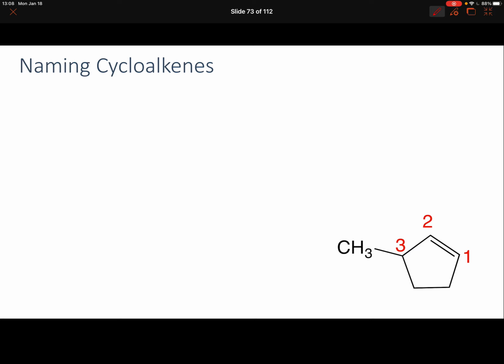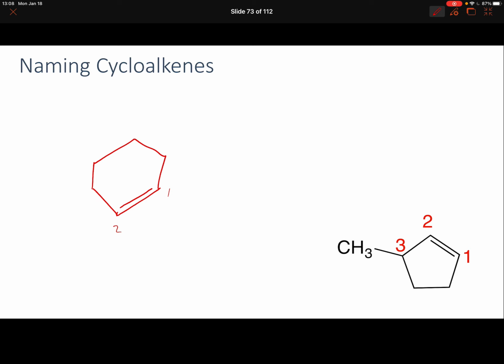Cycloalkanes, I mentioned that cycloalkenes are cycloalkanes that have a double bond. They're named by assigning the double bond to between carbons 1 and 2. So no matter what kind of ring I have here, we're just going to pick 1 and 2.